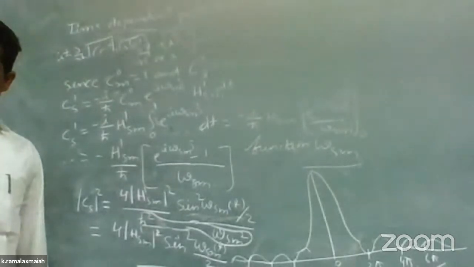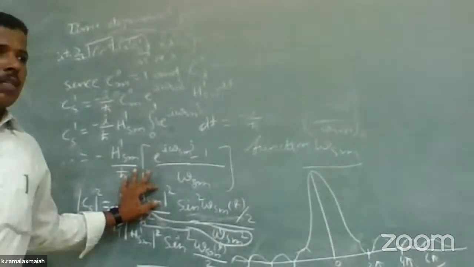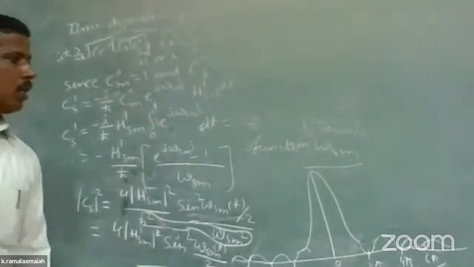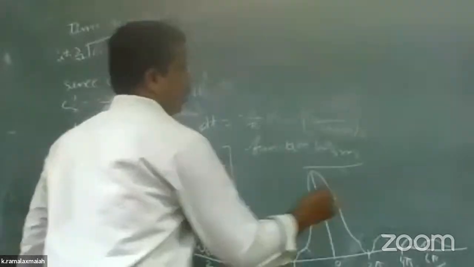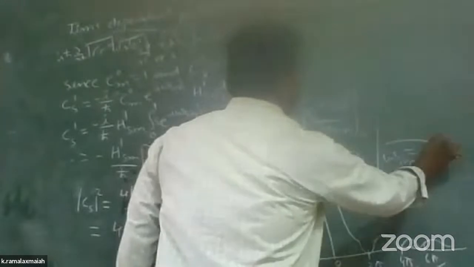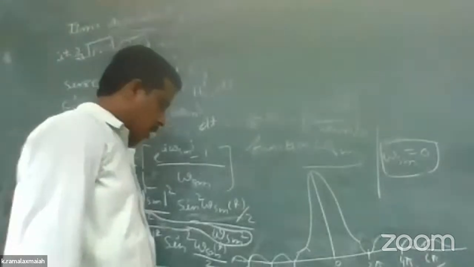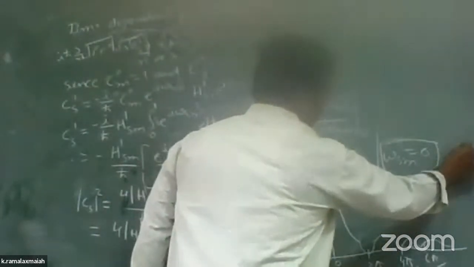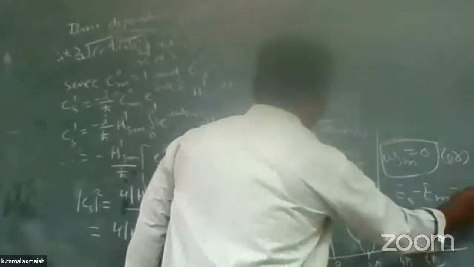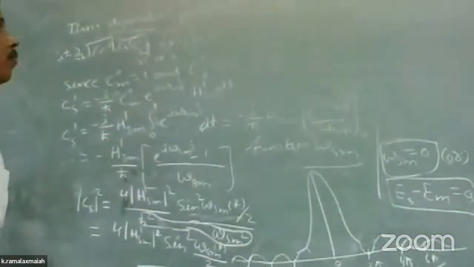We see from the figure that the probability of transition has its maximum value when ω_sn is equal to 0, that is, E_s minus E_m is equal to 0. These are the both equations of the time dependent perturbation theory.